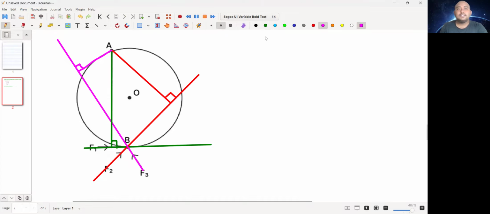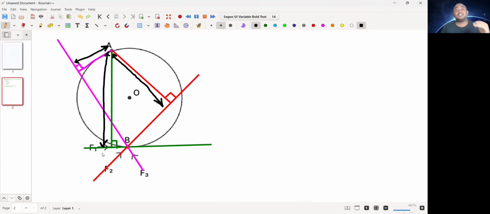So now it is very easy to identify which is the largest length. Whether this distance or this distance or this distance, which distance is largest? Which force is acting at a largest perpendicular distance from the pivot? Very easy, F1.